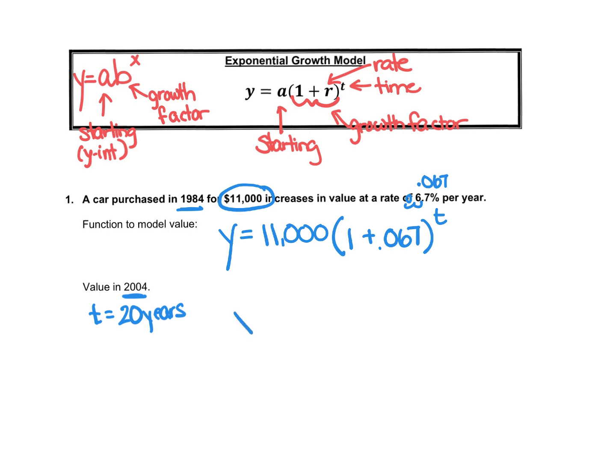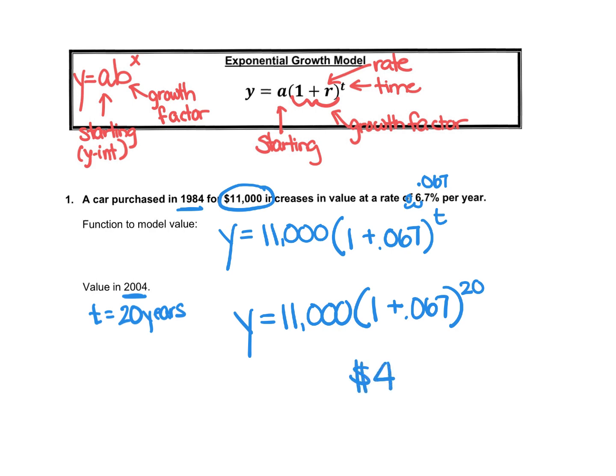So we're going to have y is equal to 11,000, and it's increasing at 1 plus 0.067, and the time is our 20 years. And so if we put this into our calculator, we're going to find that the value of it is going to be $40,247.